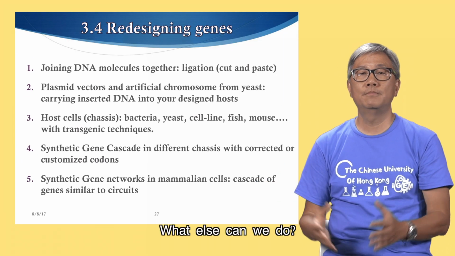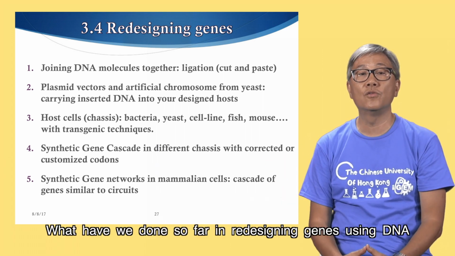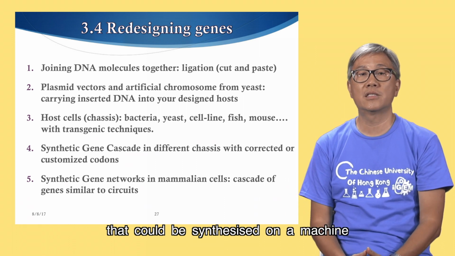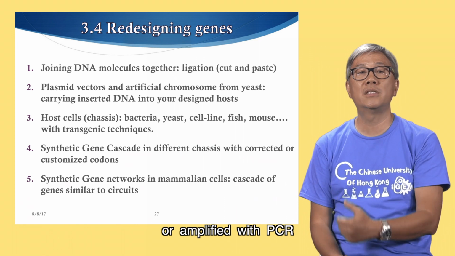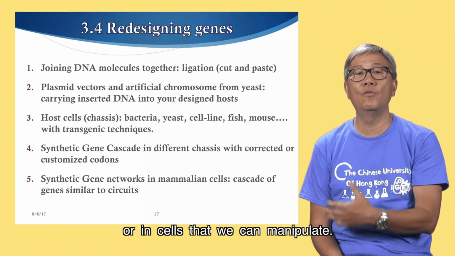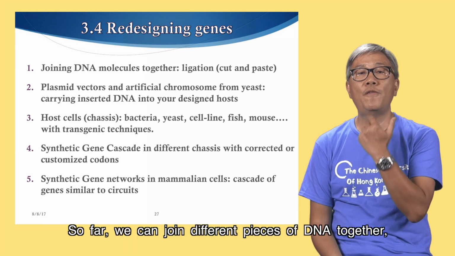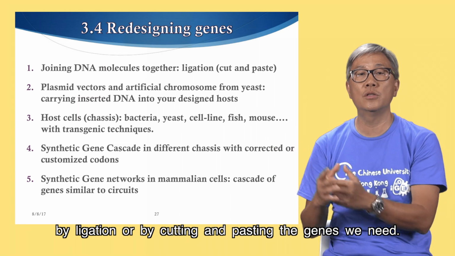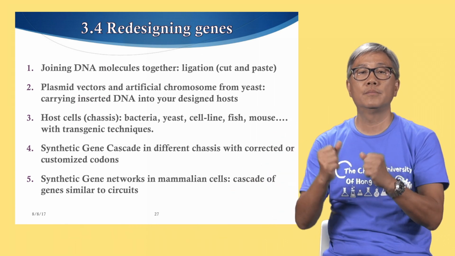What else can we do? What have we done so far in redesigning genes using DNA that could be synthesized on a machine or amplified with PCR or in cells that we can manipulate? So far, we can join different pieces of DNA together by ligation or by cutting and pasting the genes we need.